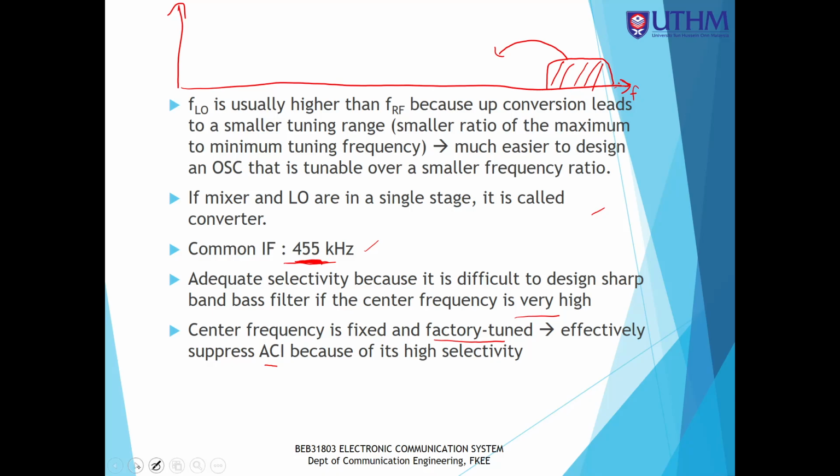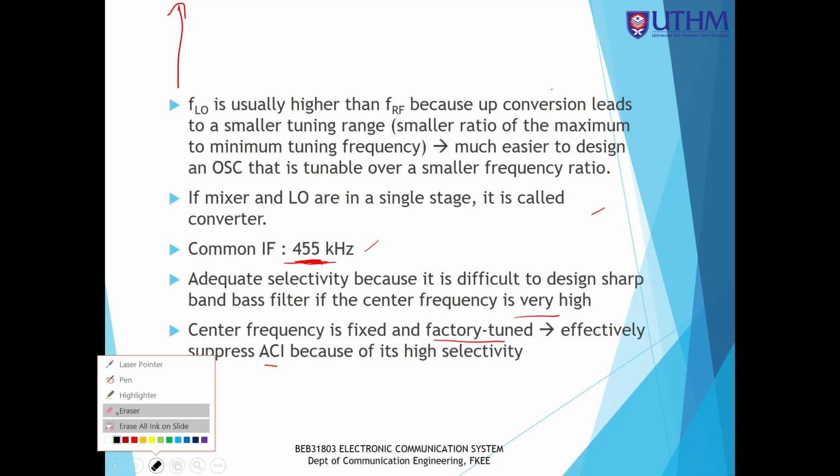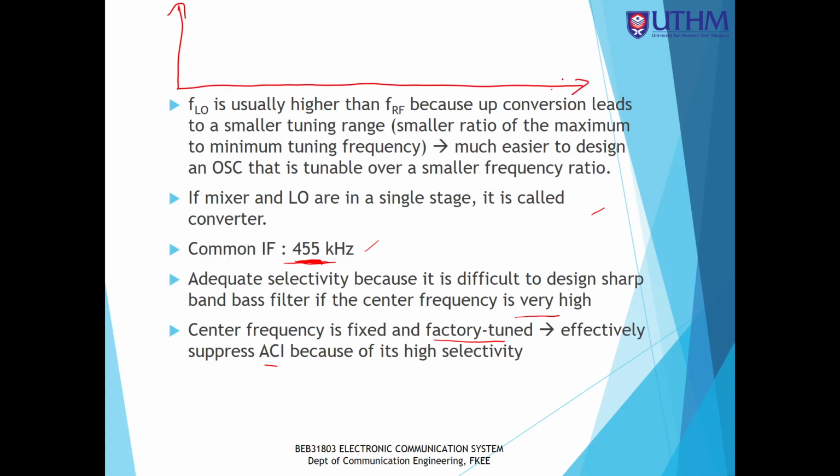The pre-selector will select only a portion of the bandwidth, for example up to here. Sorry, I need to delete this and redraw again. Hope that you can understand this.